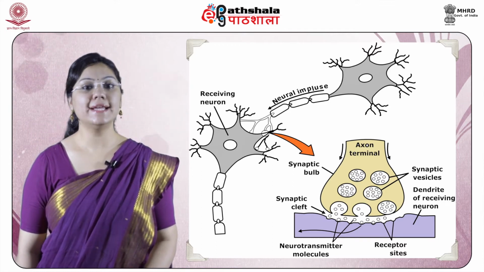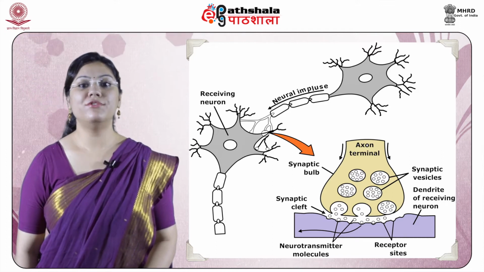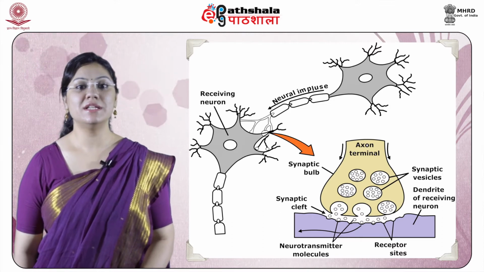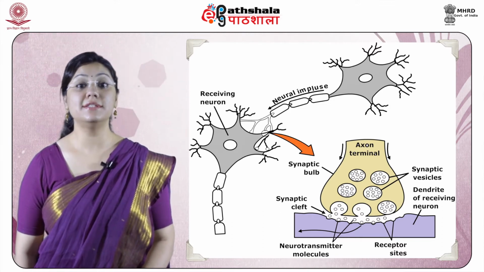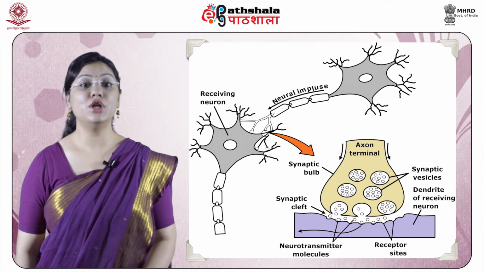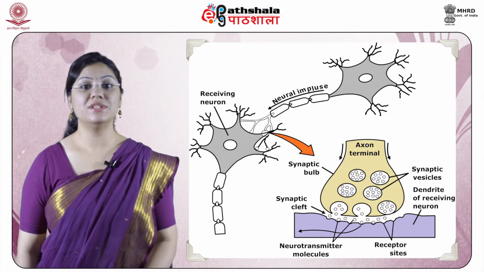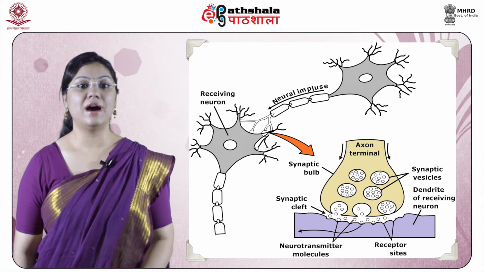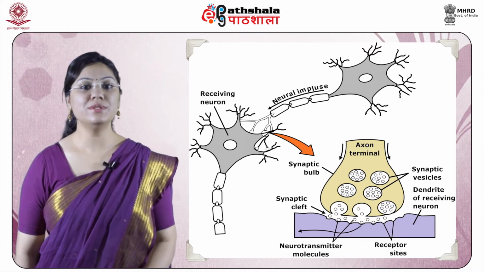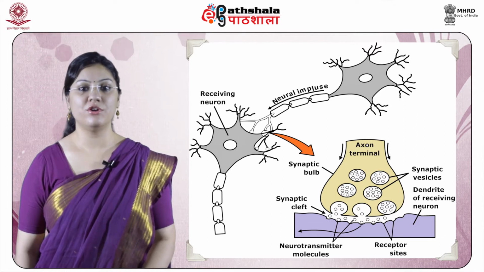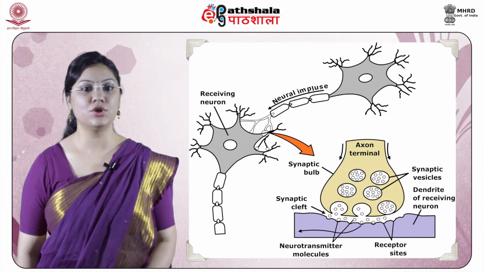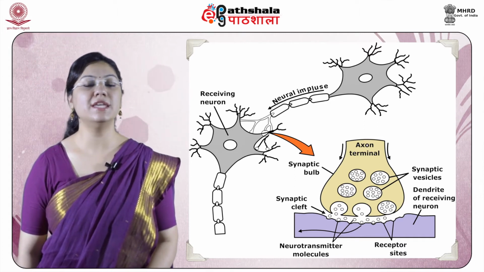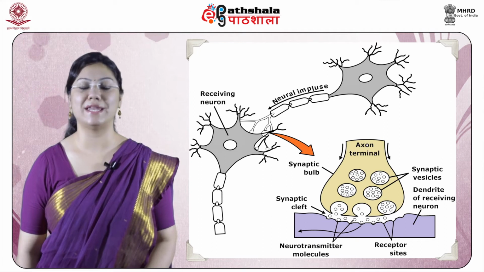When an electrical impulse in the form of an action potential is transmitted down an axon, the terminal buttons release a neurotransmitter into the synaptic cleft. Neurotransmitters are chemicals that produce a depolarization, which refers to excitation, or a hyperpolarization, which means inhibition, in the postsynaptic neuron.